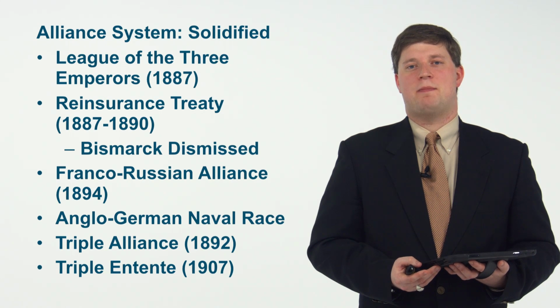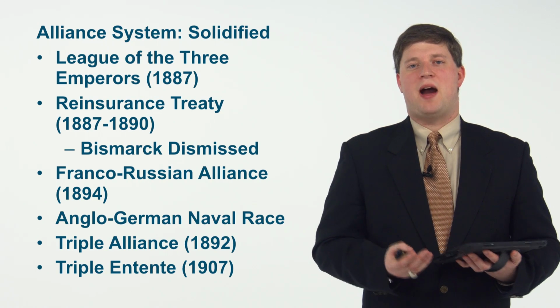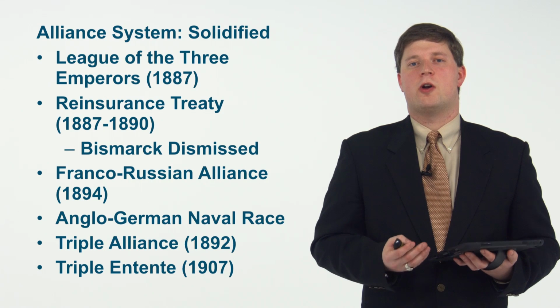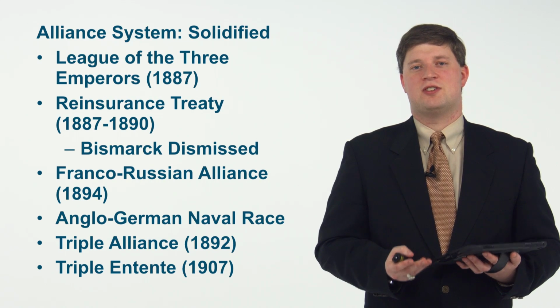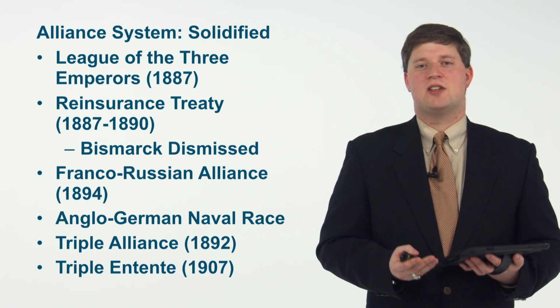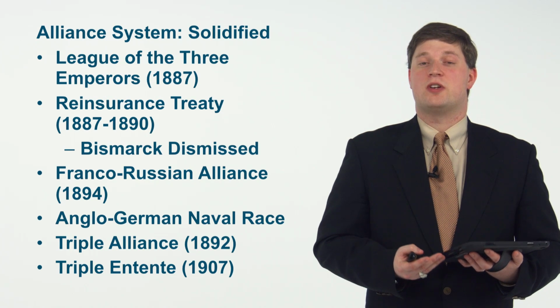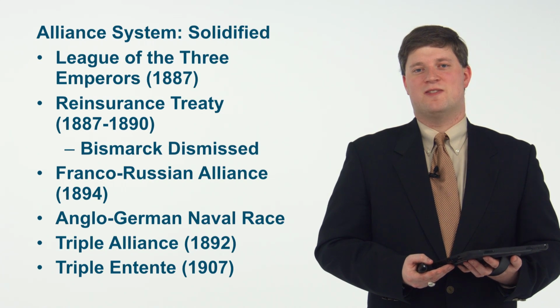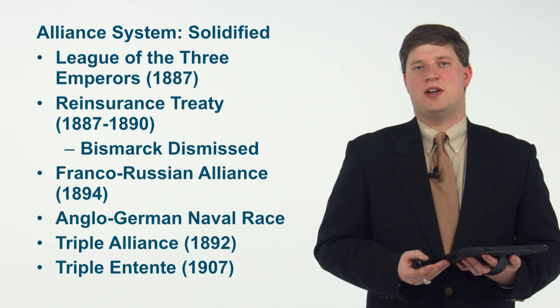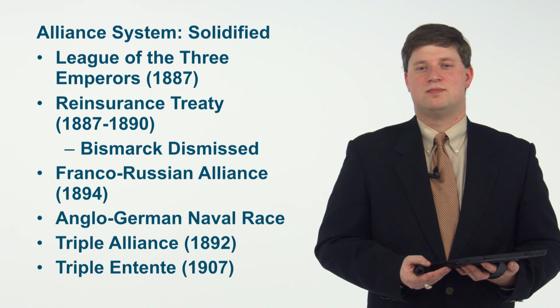And as long as he had been in power, he had been trying to juggle the assorted powers, the assorted interests of Europe, in order to prevent Germany from ever having to face a situation where there were potential enemies on both borders. Unfortunately, with his dismissal and the actions of Kaiser Wilhelm II, that situation exactly occurred.